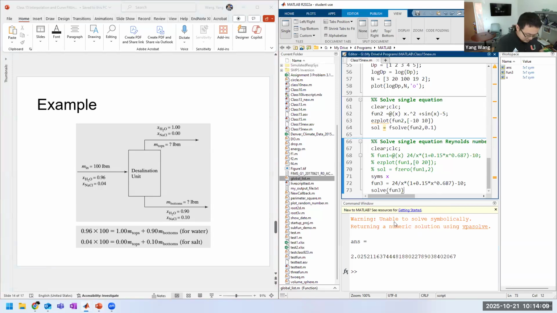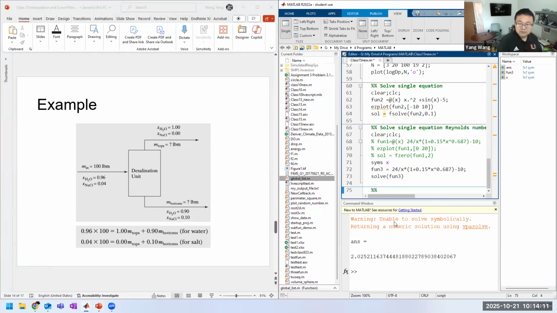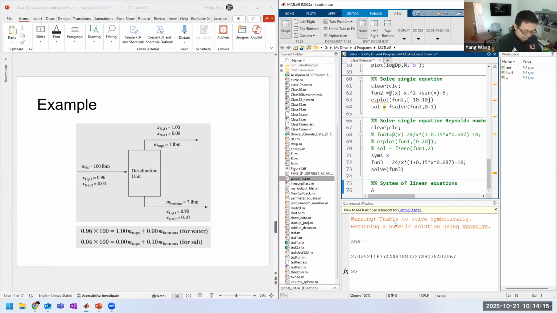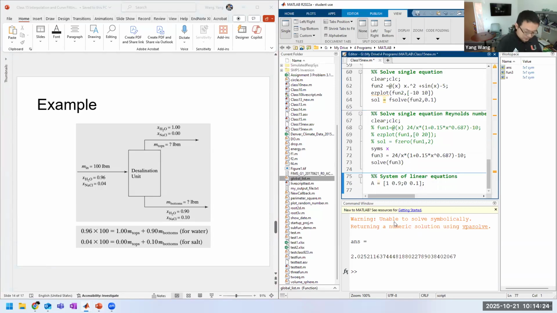So then you could define a system of linear equations, right? So you could define A as being 1, 1, 0.9, then 0.1, right? And B being 96 and 4, right?